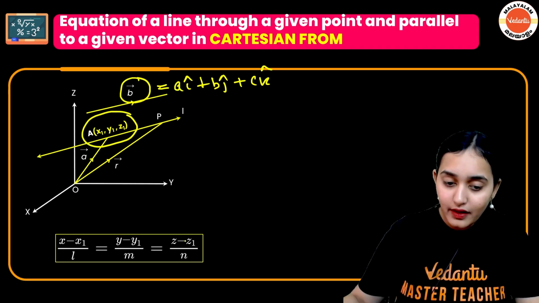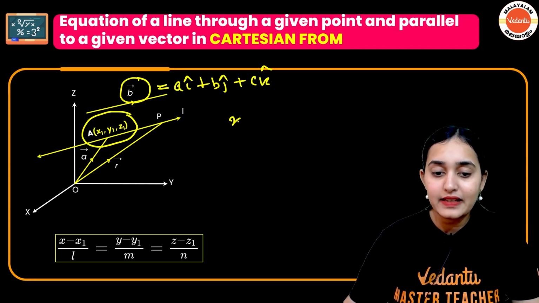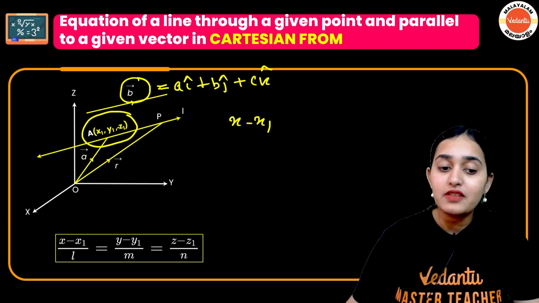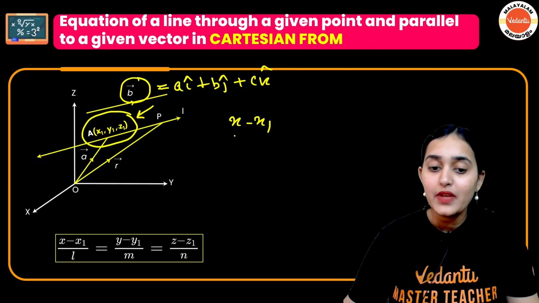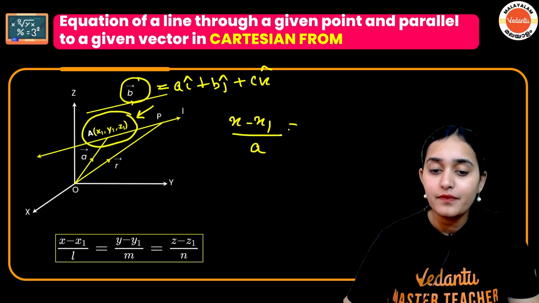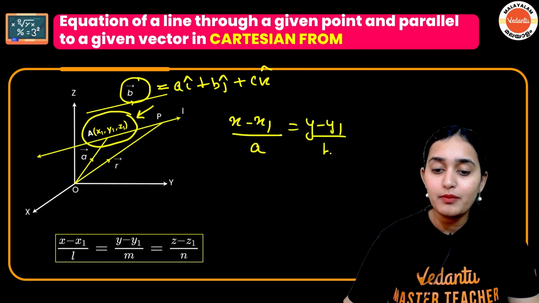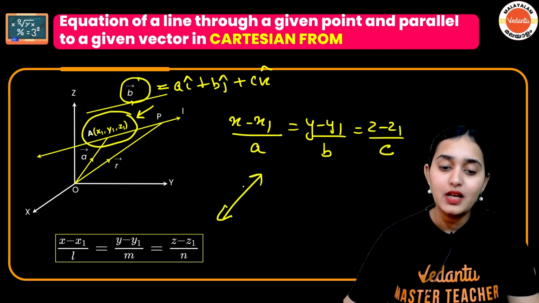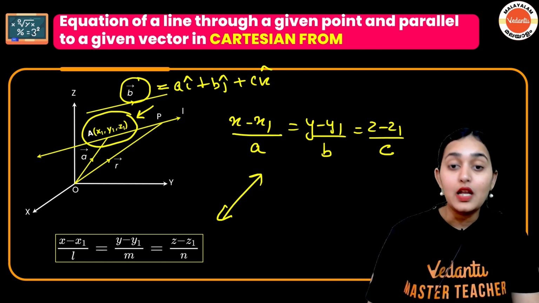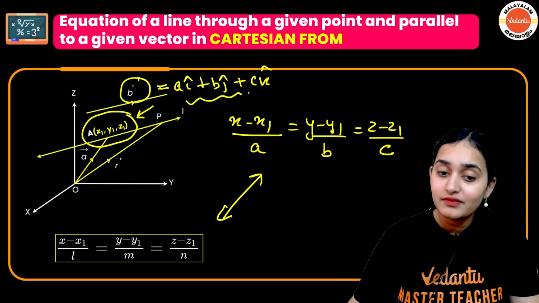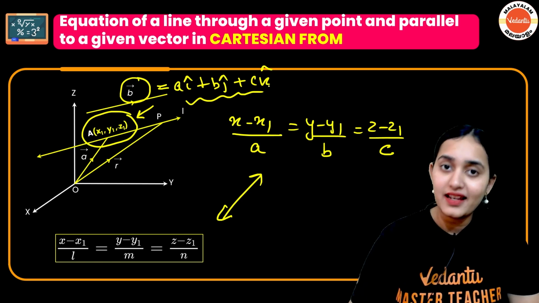You can also write it as x minus x1 upon a, y minus y1 upon b, z minus z1 upon c. Both are the same. Either abc or lmn, anything you can write. What is x1, y1, z1? Coordinate of the point on the line. Now what is abc? The parallel vector, direction cosines.